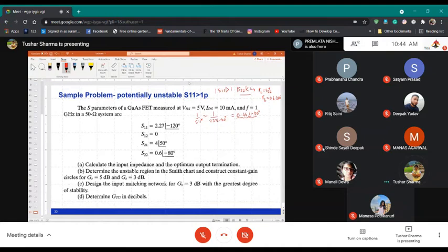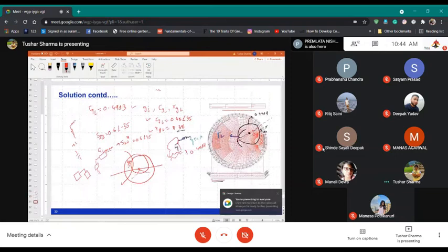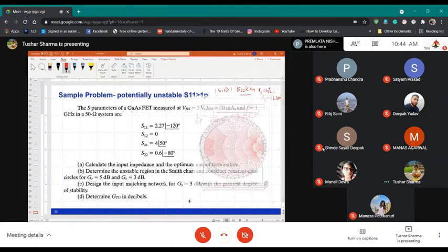Let's take a Smith chart. We have used that. Can I still copy it? Okay, that's good. Let's go and try to plot this on the Smith chart. Maybe I can go on the next page.